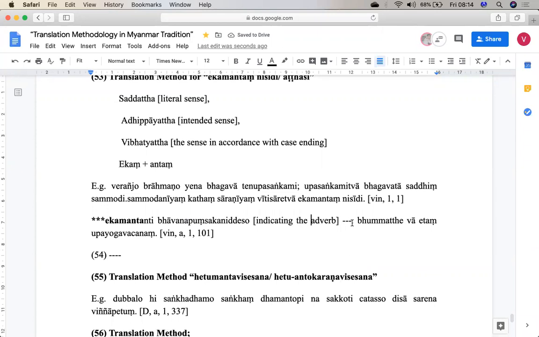And the next one is bhummatthe vā etaṃ upayogavacanaṃ. Upayoga is accusative case. Bhummatta is locative case.